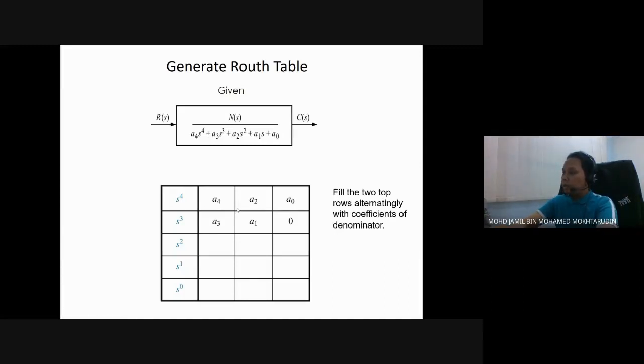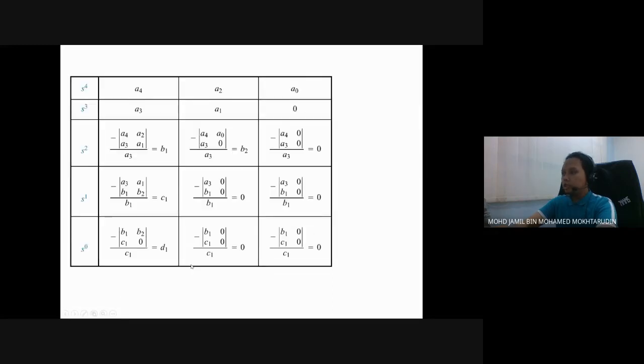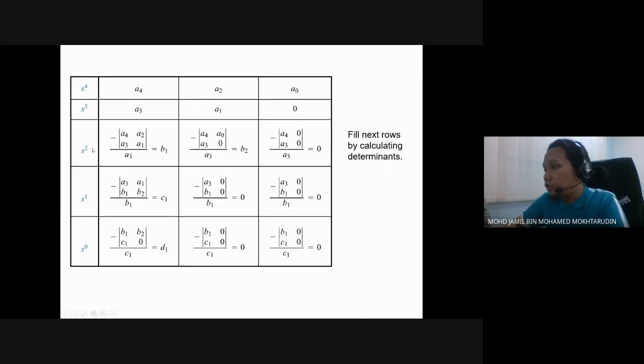After you fill the two top rows, you can determine the values in the boxes of the remaining rows. To determine the value for the s2 row, for example, you need to calculate determinants.